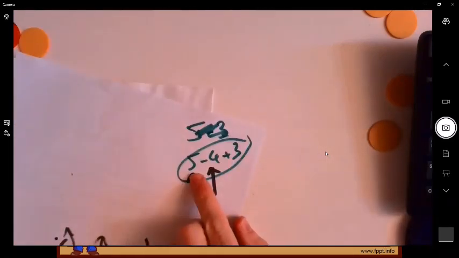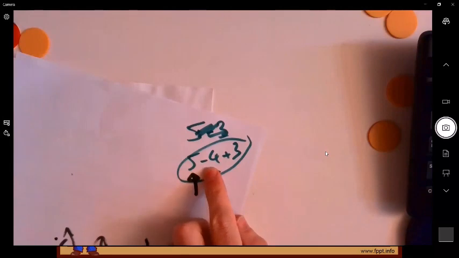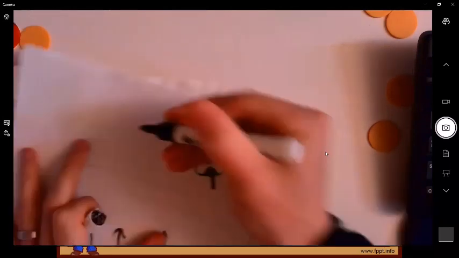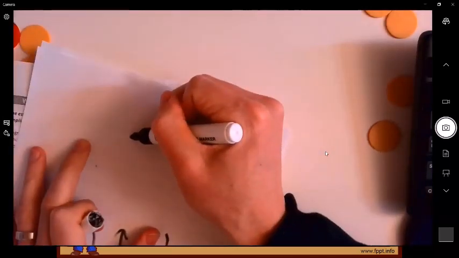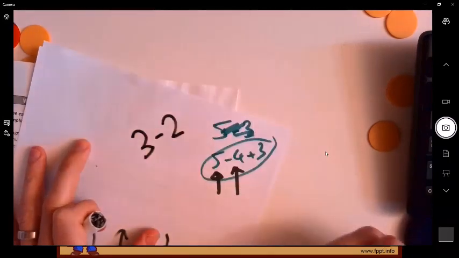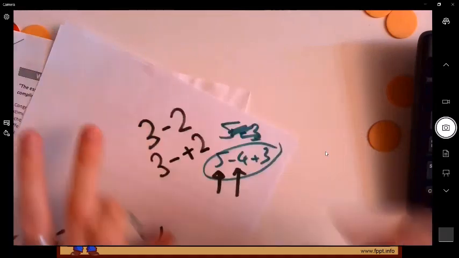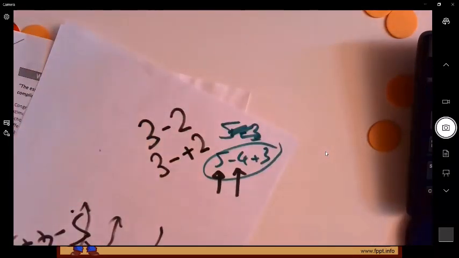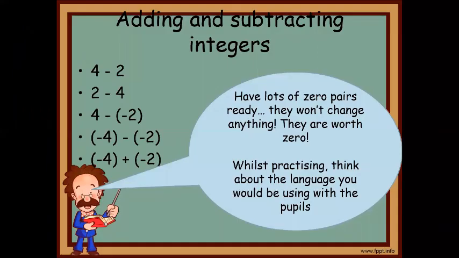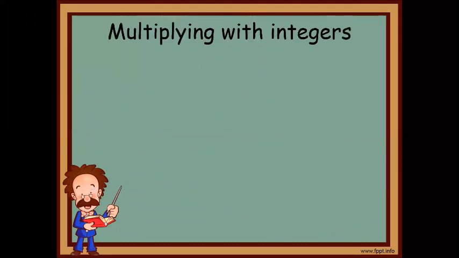So actually, I think comparing this idea of saying 5 take away 4, or is that just the same as adding -4? Because then what we realise that, let's go for 3 take away 2. Actually, that's the same as 3 take away +2, isn't it? So I think there's opportunities there for conceptual understanding.